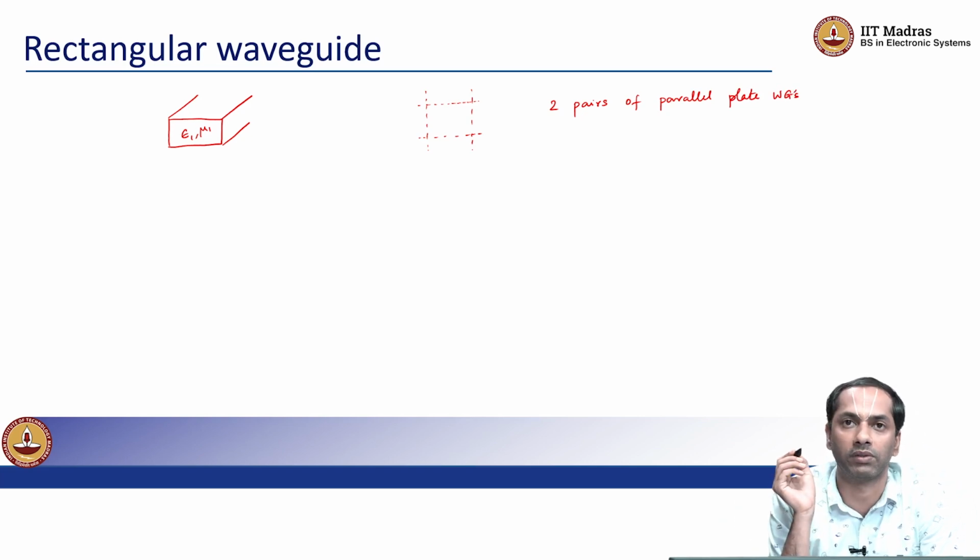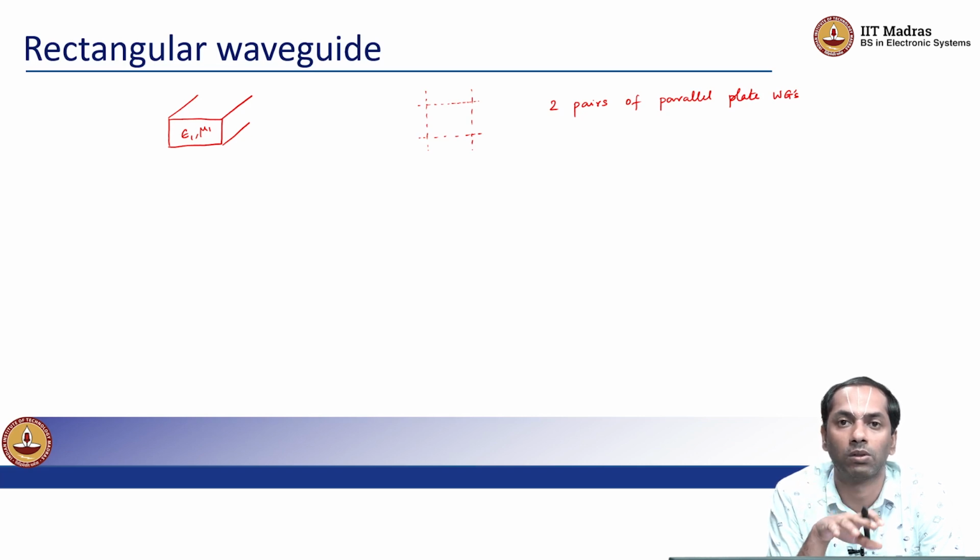WG stands for waveguides. So this is essentially to bring in some kind of confinement. I would like to localize the fields in one of the lateral dimensions. Remember, in the parallel plate waveguide, the y dimension was not quite considered because it is infinitely extending in that axis.